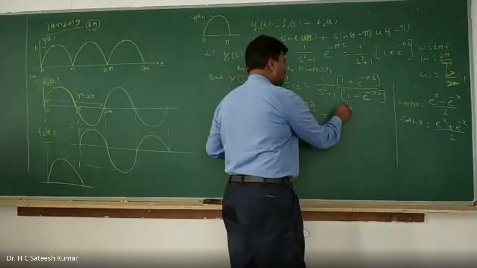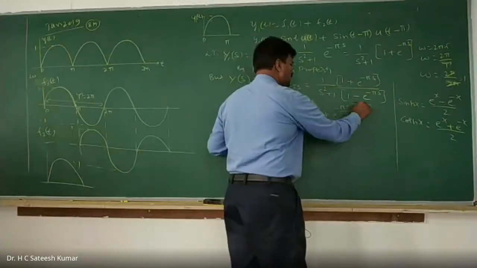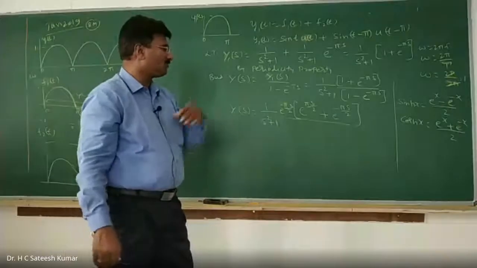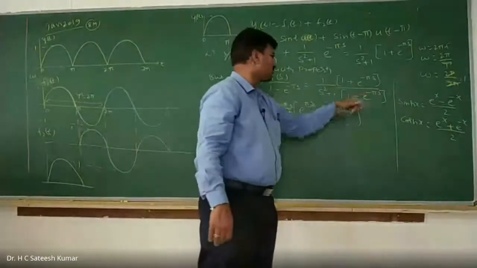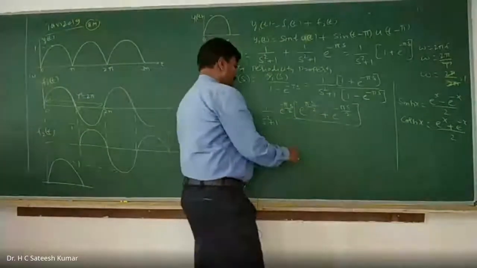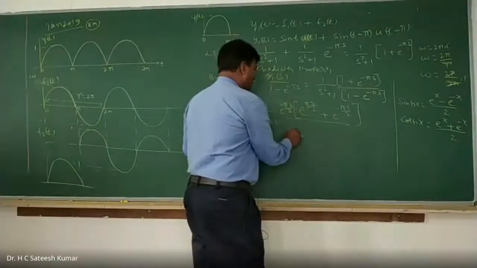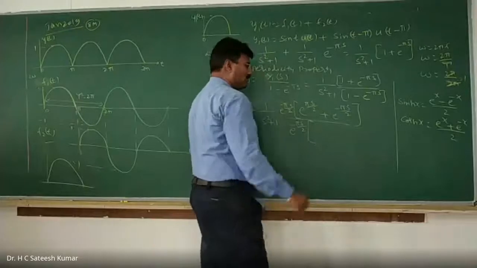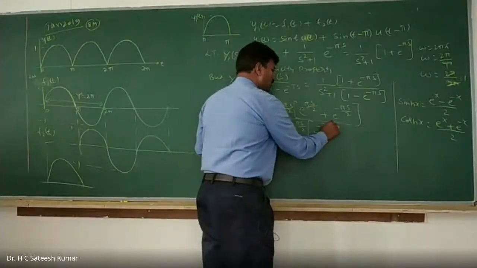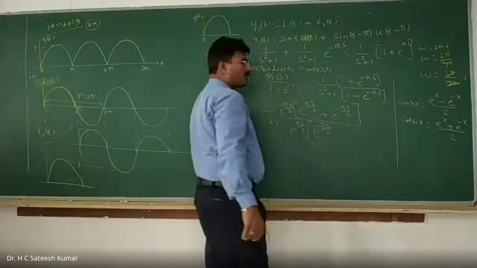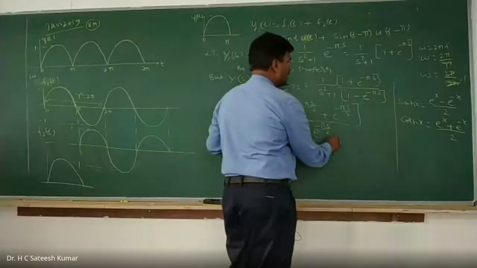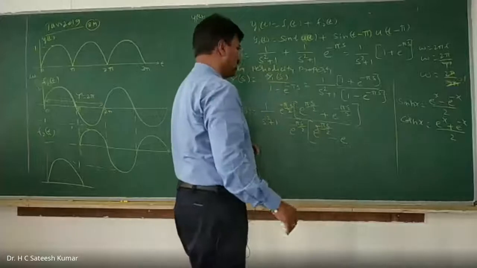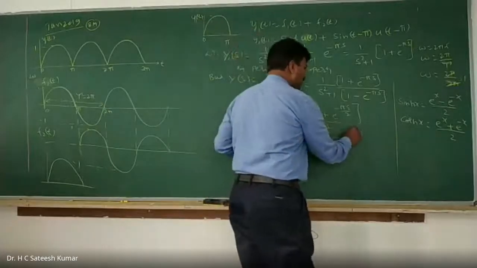Plus e to the power of minus pi s by 2, because out of this I have taken out minus pi s by 2, left out with minus. You add these two, you will get pi s divided by e to the power of minus pi s by 2. If you take it out, we are left with e to the power of minus pi s by 2 plus e to the power of minus pi s by 2.